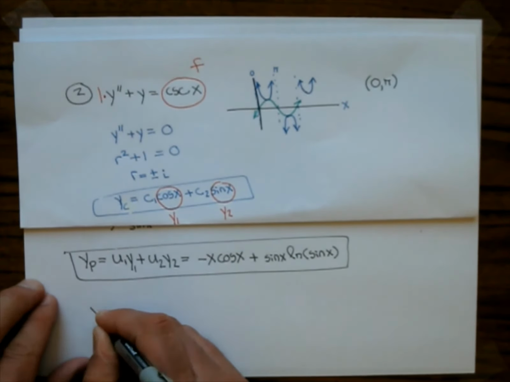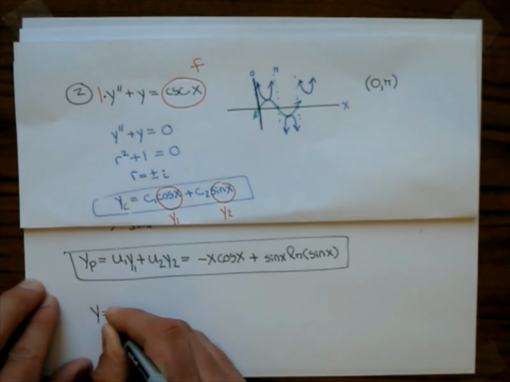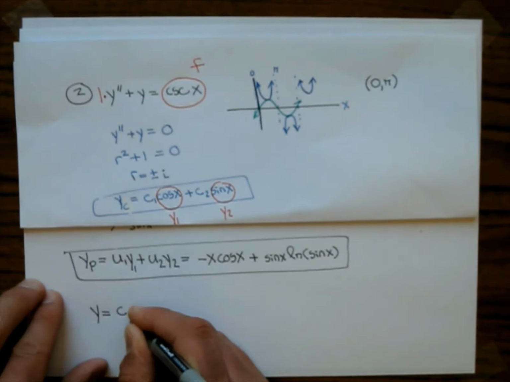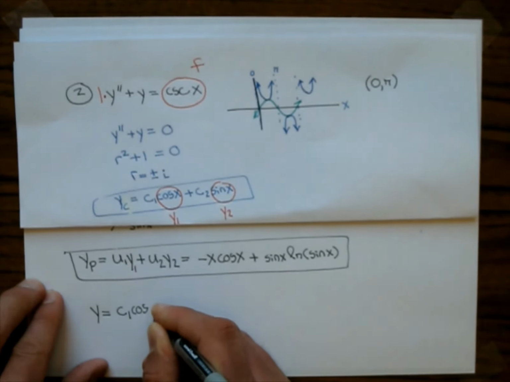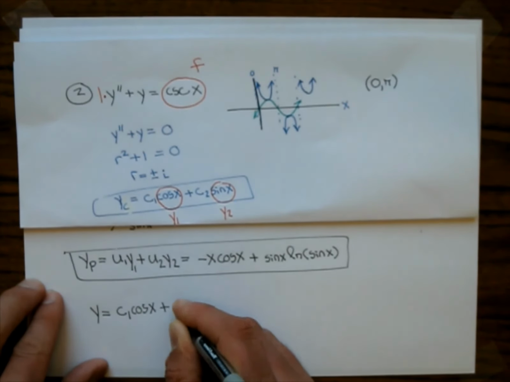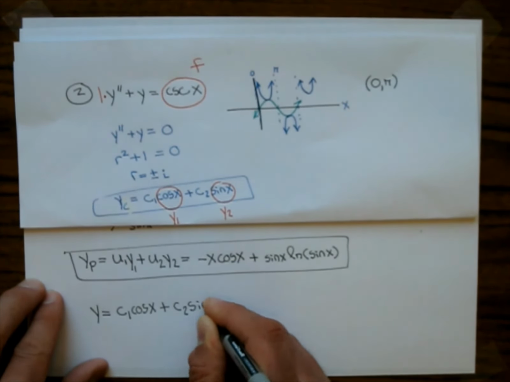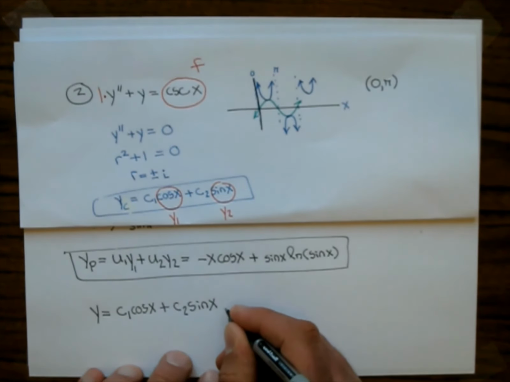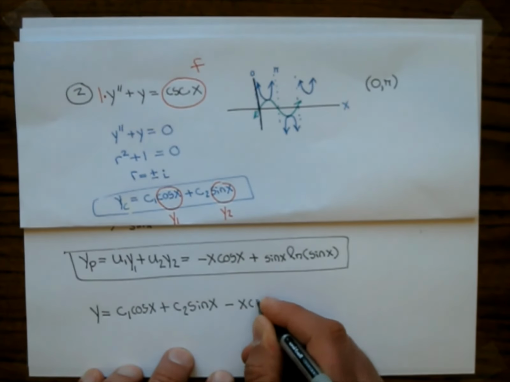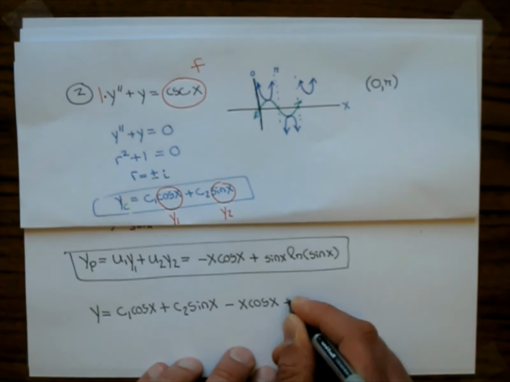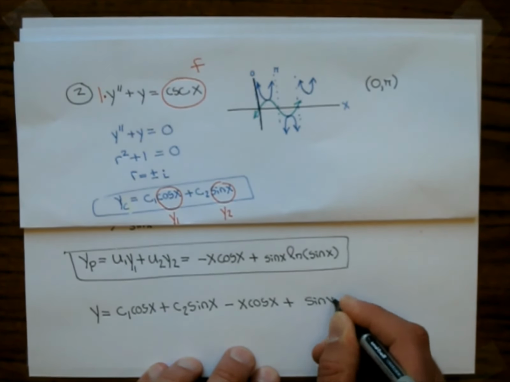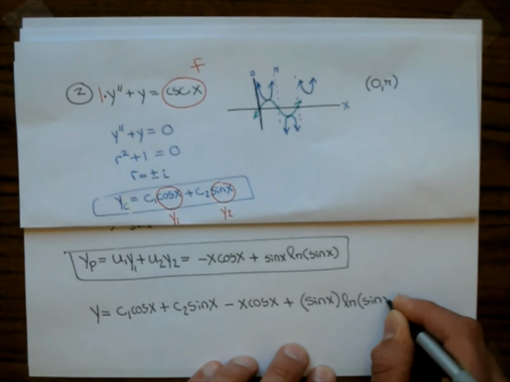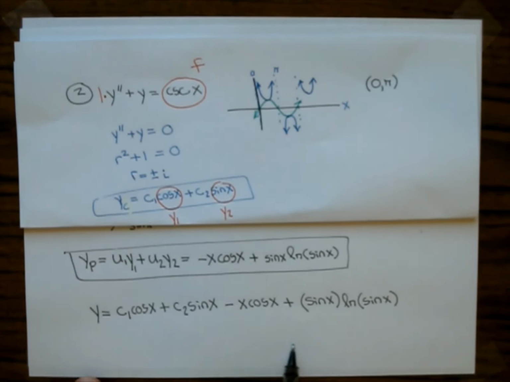Let's write them all out and see if anything absorbs into the complementary solution. I have c1 cosine x plus c2 sine x. That is the complementary solution, and then the particular solution is minus x cosine x plus sine x, with parentheses around there, times the ln of the sine x.